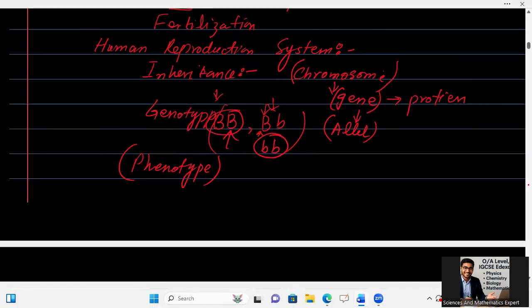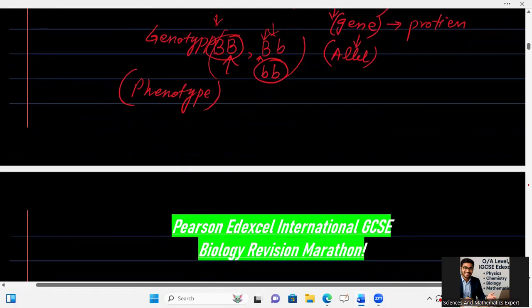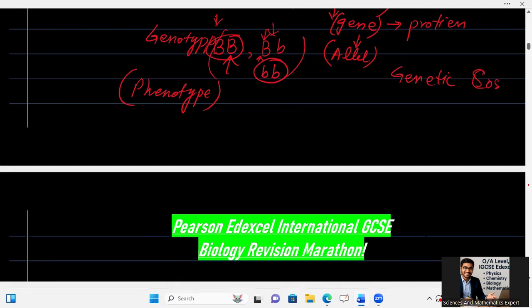Here genetic crosses are also available, in which we use the Punnett square. Genetic crosses are a very important section of your exam. You will always use the Punnett square method.